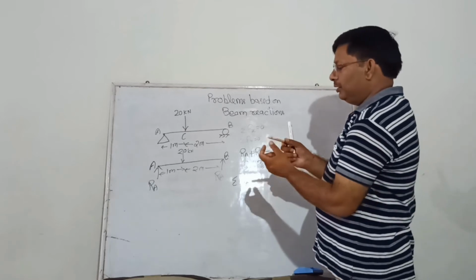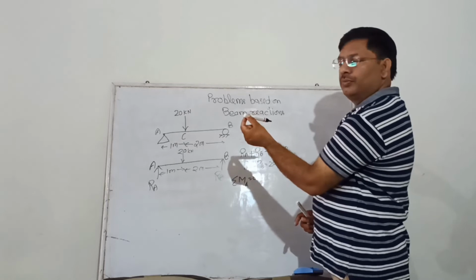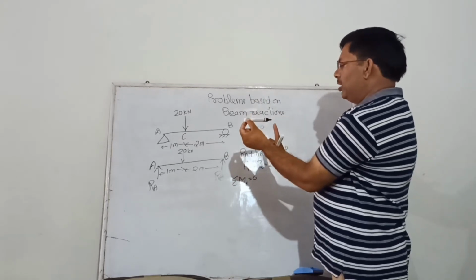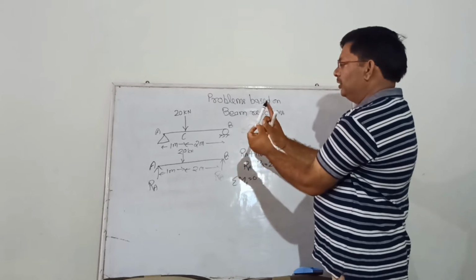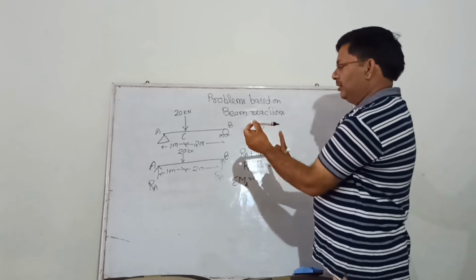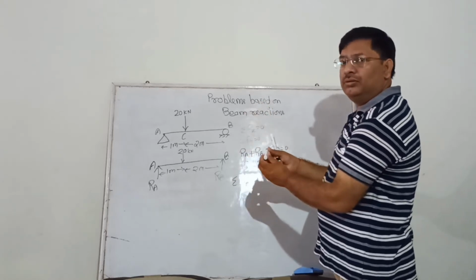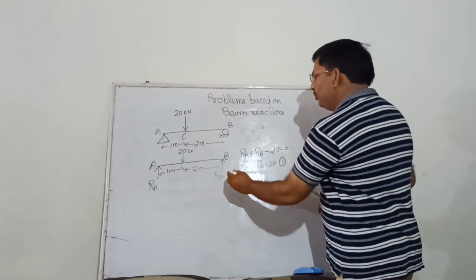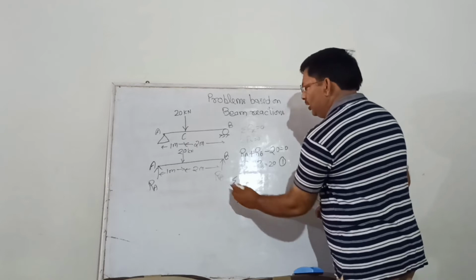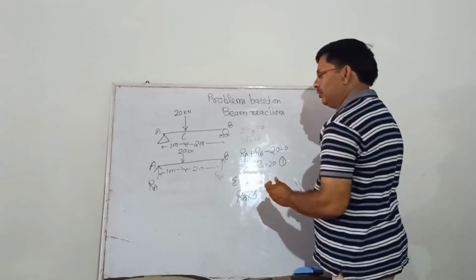When RB acts in upward direction, it will try to rotate the beam in anti-clockwise direction. So anti-clockwise moments are taken as positive. So the moment will be RB multiplied by distance up to point A, that is 3.